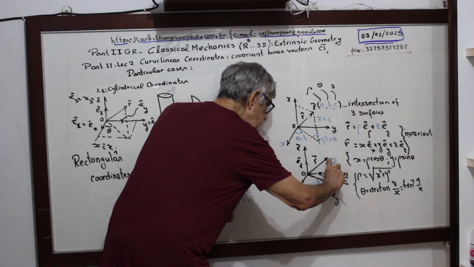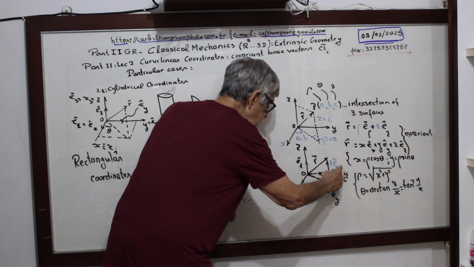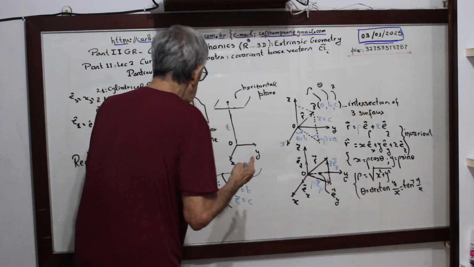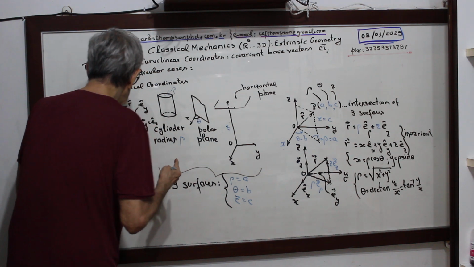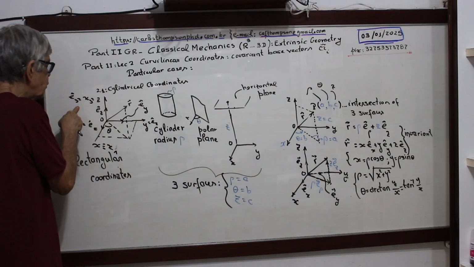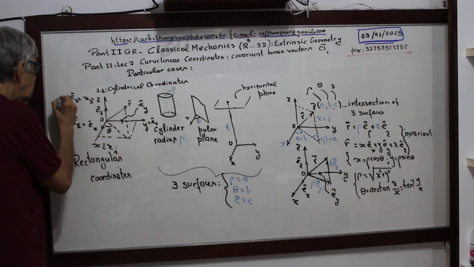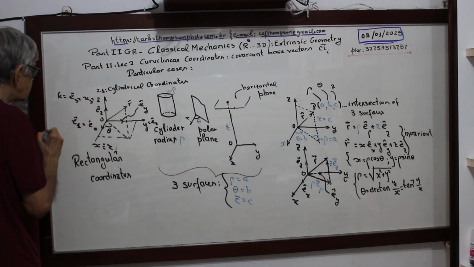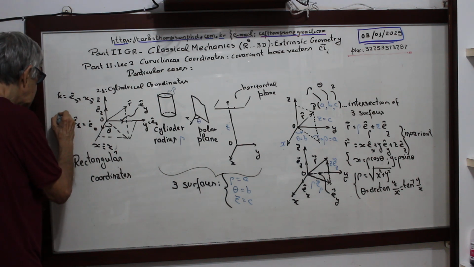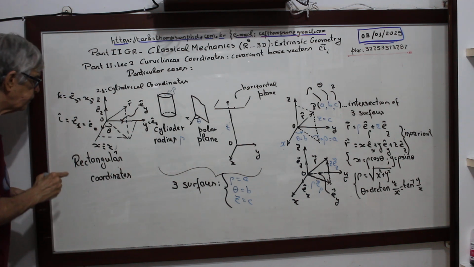This vector here, the vertical one, is z. Now attention: E z in cylindrical coordinates has the same notation as E3. Don't forget. In the traditional notation, this is the orthonormal base k, and this is i.